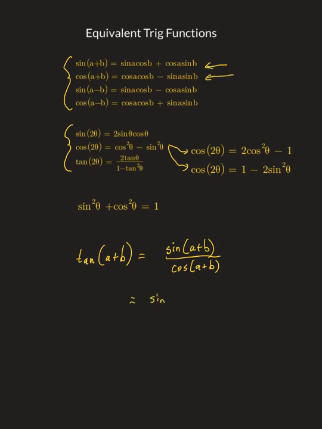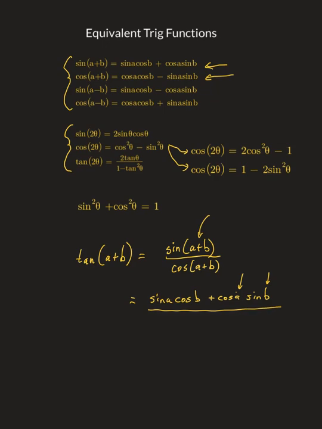So we've got sine a cos b plus cos a sine b, which is sine of a plus b. It's just easier to take the a plus b and break it into cos a and sine b, because we know the single angles sometimes and we don't know the double angles by heart, so it just makes it easier.